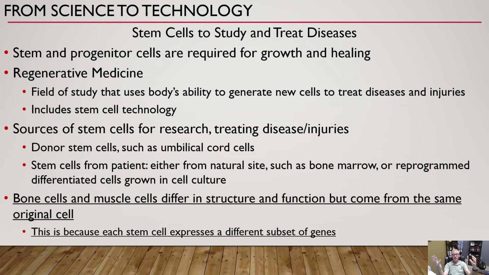Remember that all cells have the exact same DNA. What we can do is wipe out a bone cell back to its original stem cell, that totipotent cell, and regrow that cell to what we want it to be. And it's because of genetic expression. Each stem cell expresses a different subset of genes to make a kidney cell a kidney cell, a nerve cell a nerve cell, a liver cell a liver cell. And that's what regenerative medicine does.